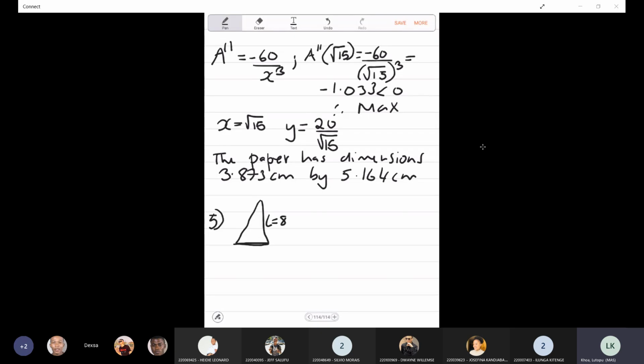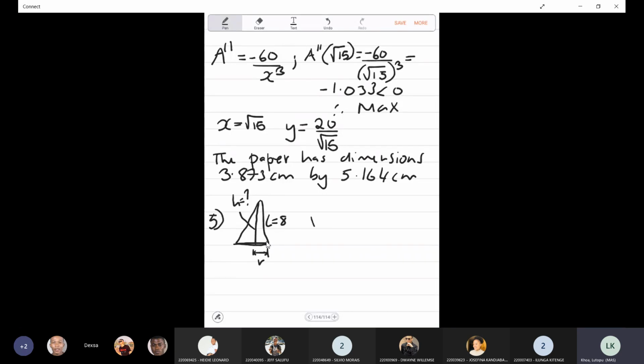The perpendicular height, this h over here, we don't know. That is what we need to calculate, but we do know that this is the radius, even though the length of the radius is not given to us. We need to work it out so that the cone has a maximum volume.